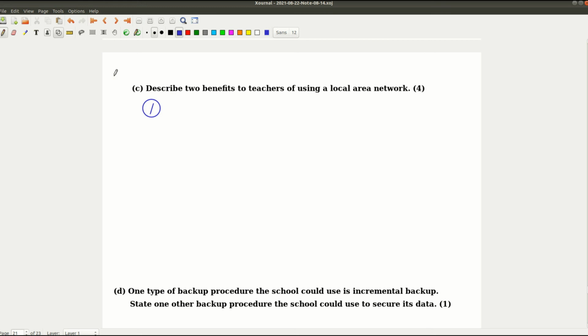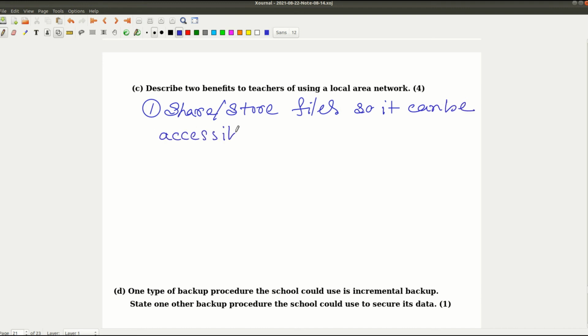So we can write share or store files, so it can be accessible by colleagues, maybe who are working at the same company, and people or something like this.